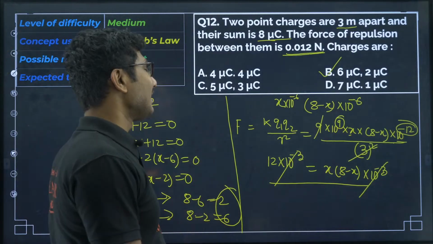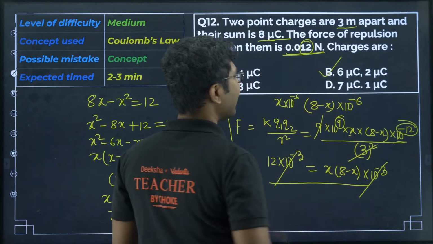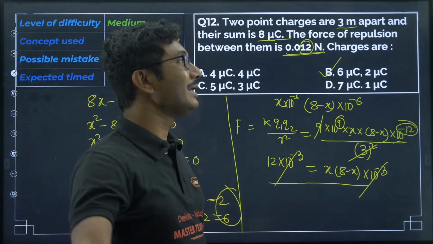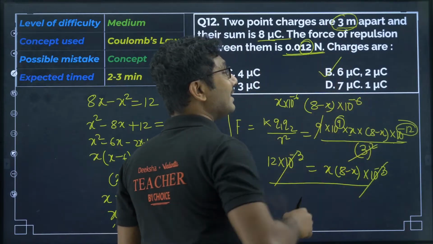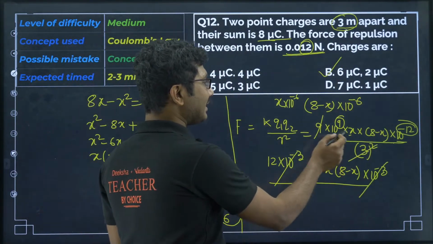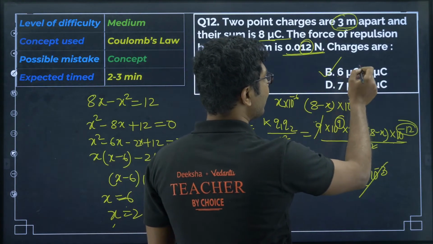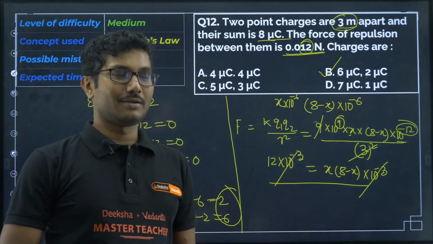Now in case you are short on time, what you can check is this number 12. Now how can you get the 12? That is only happening here because the distance given here is 3 meter, that is basically 3 square, 3 square is 9 and these two 9s are getting cancelled. That is why you think, okay, 6 into 2 is 12, so maybe 6 into 2 is correct.